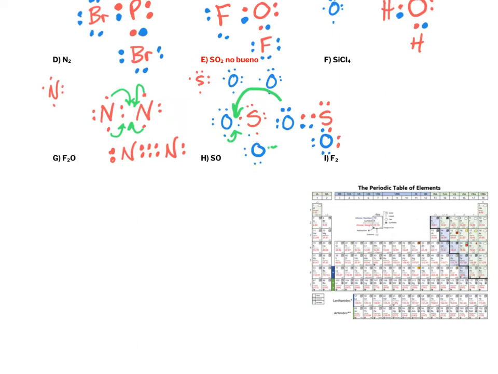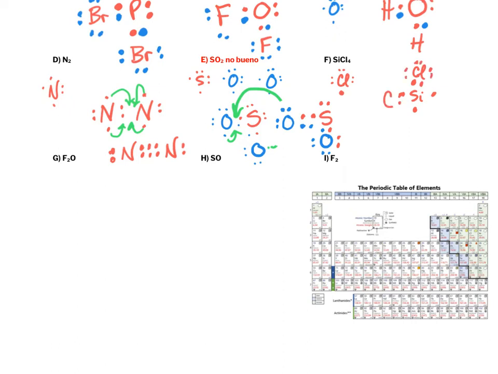All right, silicon, SiCl4. Si, same as carbon, 4 dots. Chlorine, halogen, so 7 dots. And we got 4 spots where it has to bond together. That singleton on the chlorine can match up with the singleton on the silicon, and we would have Cl with an octet.